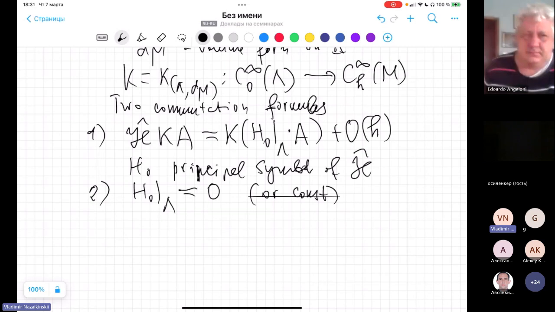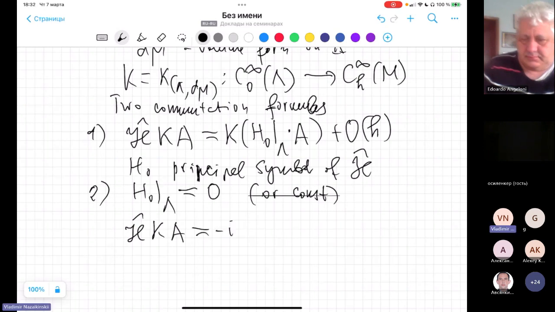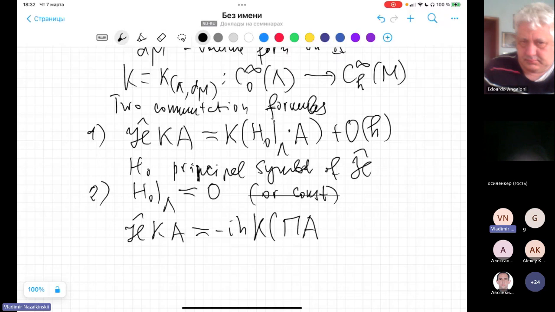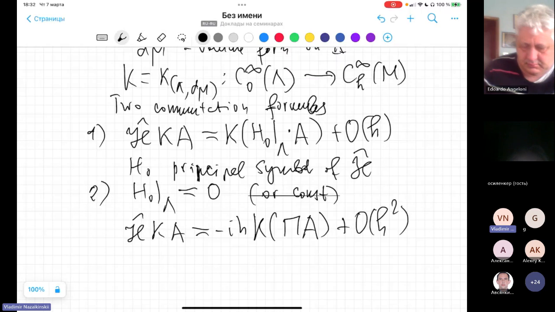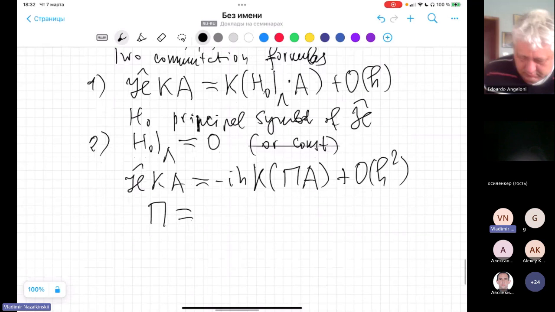So we have: minus IH K of pi A plus O of H square, where pi is the transport operator.